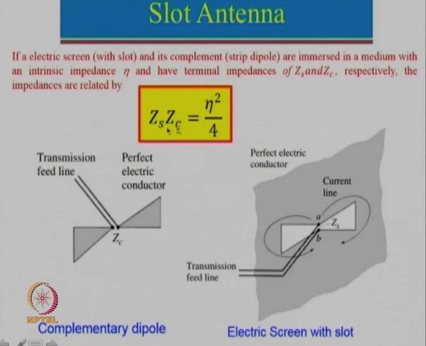You can say that the product will have an infinite bandwidth. Of course, practically it never happens, because you will never have an infinite ground plane, and all the ideal conditions will never happen in a practical scenario. But nevertheless, this expression is very useful to design very broadband antennas also. But right now, let us just look at the slot antenna.